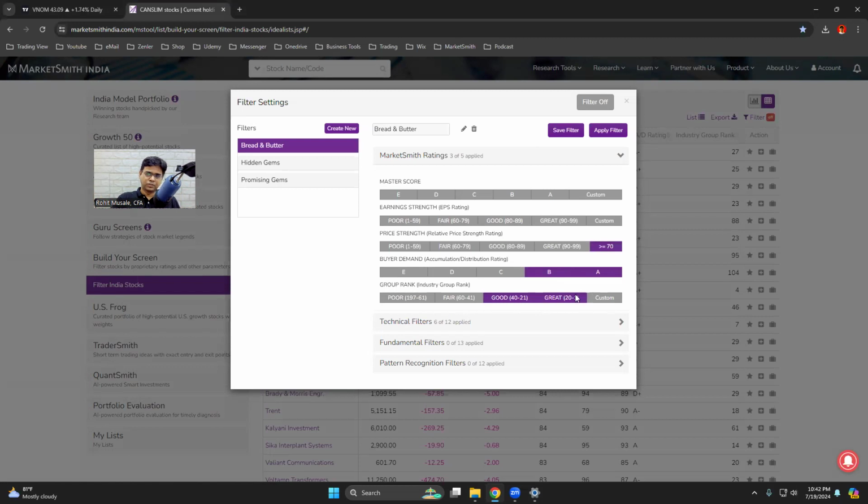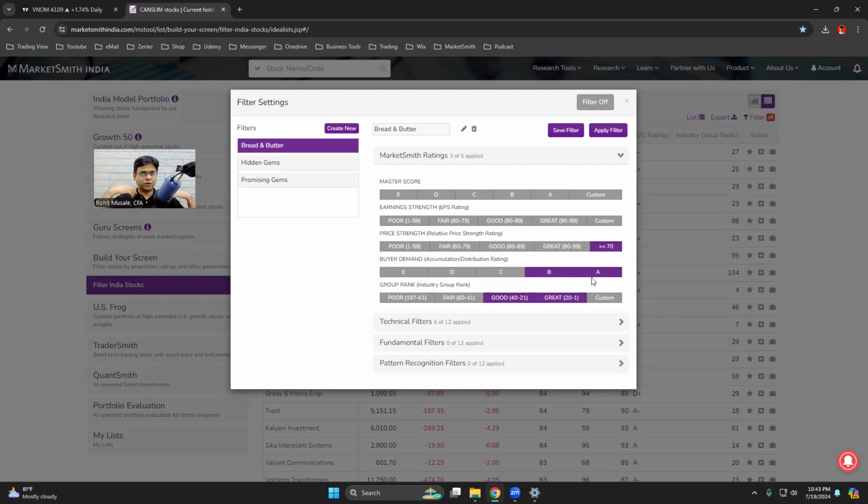So if I have to summarize these three filters in one statement, I would say that I am selecting the best stocks from the best industry groups with institutional demand. Let me repeat that. I am only looking at the best stocks from the best industry groups, and that too having institutional demand, high institutional demand.